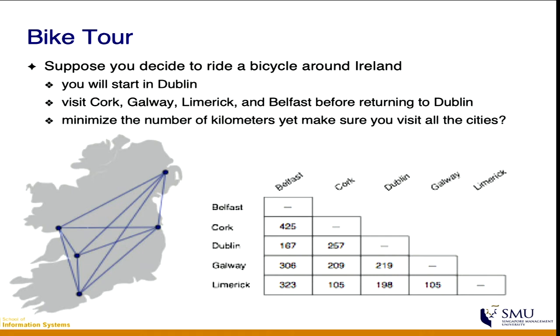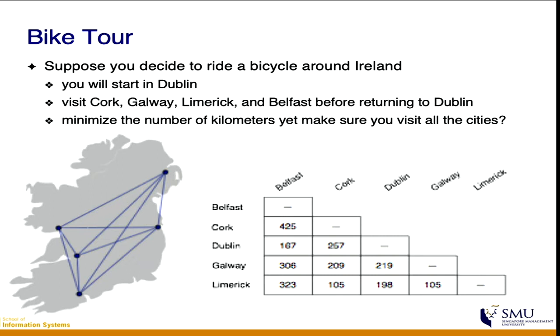Now, this is a simpler instantiation of the problem. Let's say this is the map of Ireland, and there are cities in Ireland. In this case, let's say Belfast, Cork, Dublin, Galway, and Limerick, and these 5 cities have distances. Normally, this is the way that we formulate the traveling salesman problem.